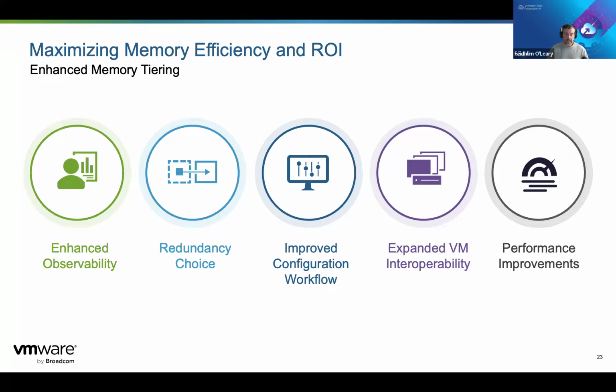There is expanded VM interoperability. What this means is that there are certain virtual machine types, or we sometimes call them virtual machine profiles, that do not interoperate yet with memory tiering. This is out of the box things like VMs that are enabled for high latency sensitivity, VMs enabled with vSphere Fault Tolerance, nested hypervisor VMs.